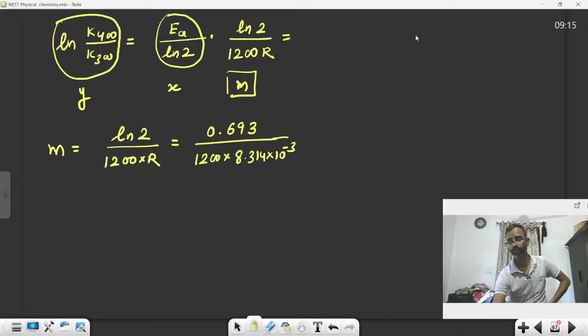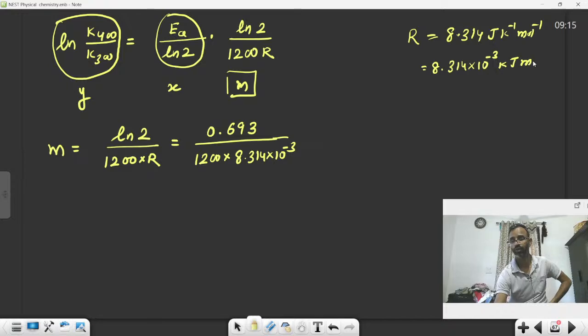Actually, R is equal to 8.314 joule per Kelvin per mole, or it is equal to 8.314 into 10 raised to minus 3 kilojoule per Kelvin per mole. So we will write it like this.